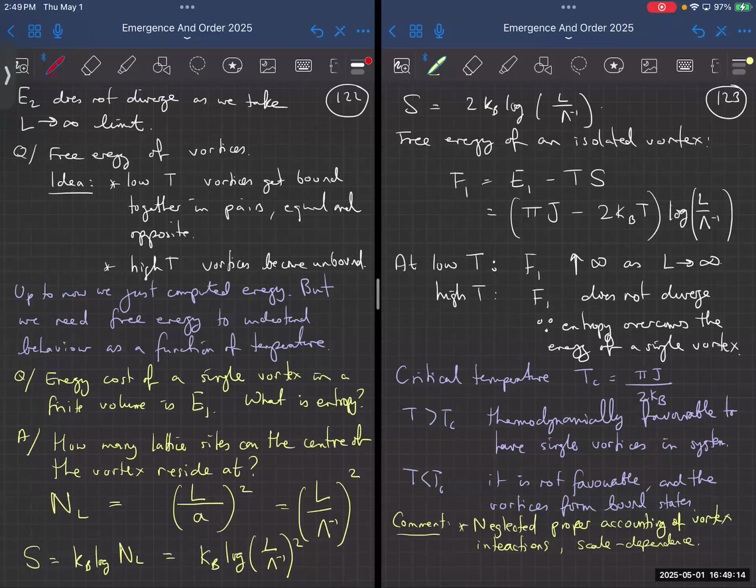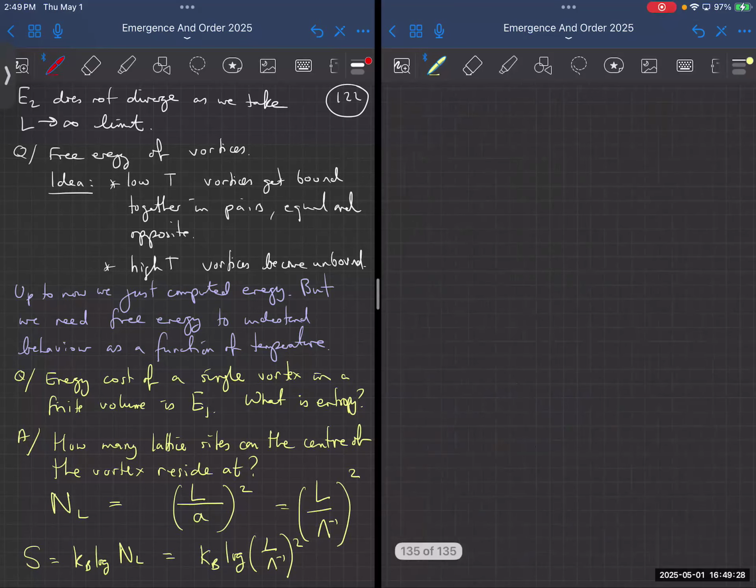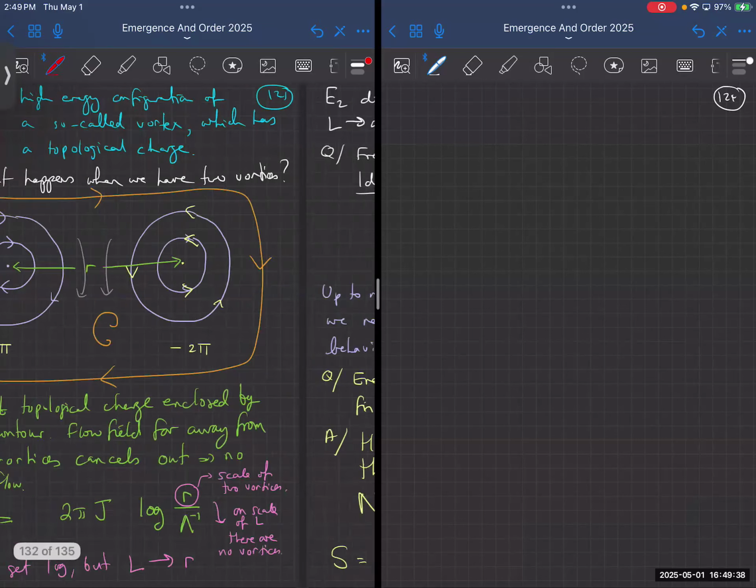That needs a renormalization group calculation, which tells you that in fact everything is okay, and the simple arguments I gave you indeed give the correct answer. Okay, so that's the Kosterlitz-Thouless transition. This is the first transition you've seen which is topological.